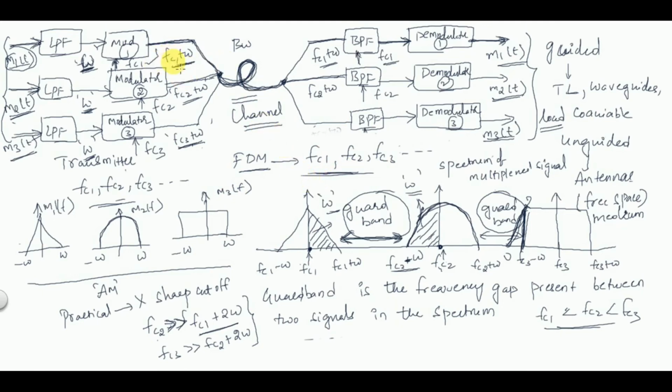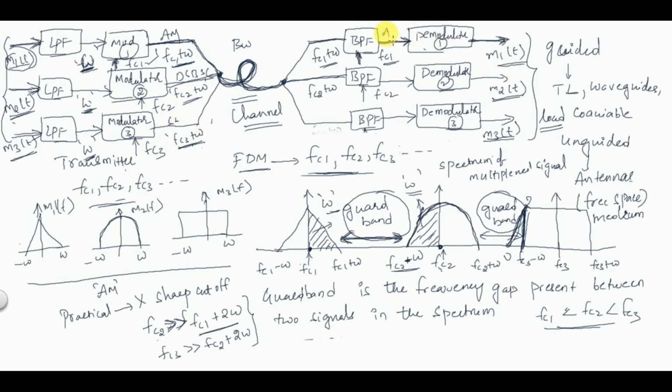Thereby you can transmit the signals, and band pass filters are used to receive the corresponding signals only, and then the corresponding demodulators can be used. These demodulators are of different types. Suppose the first modulator is of AM type, the second is of DSBSC type, and the third is of SSB type; correspondingly you can use the demodulators.